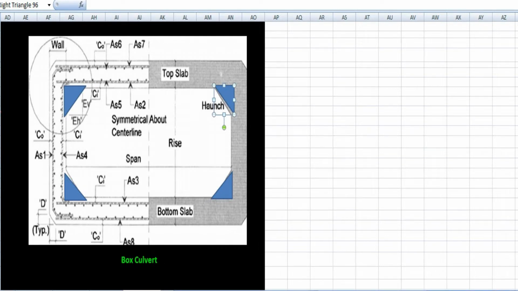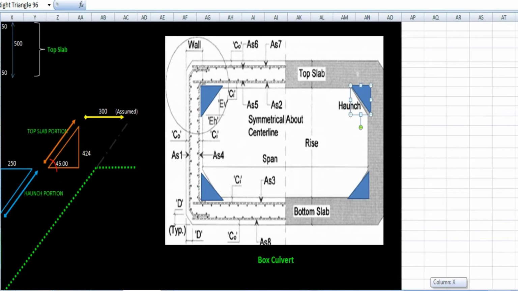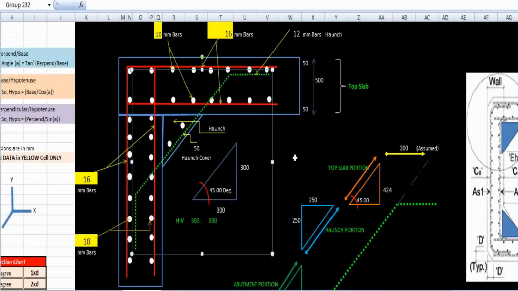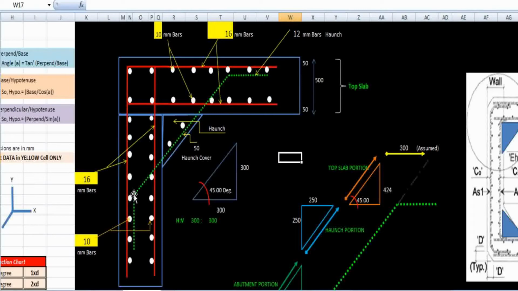The hunch bar is nothing but this type of shape. I have arranged this for your easy understanding. I have incorporated the hunch bar in this representation. This image is a hunch bar, showing the hunch bar shape.